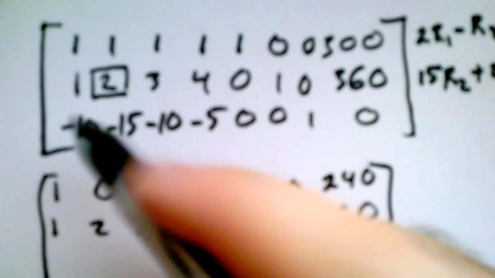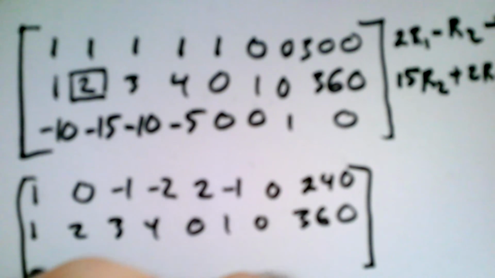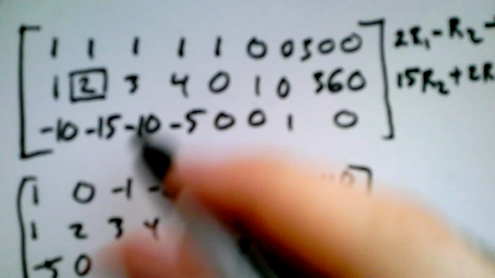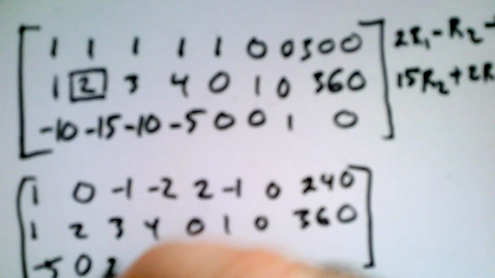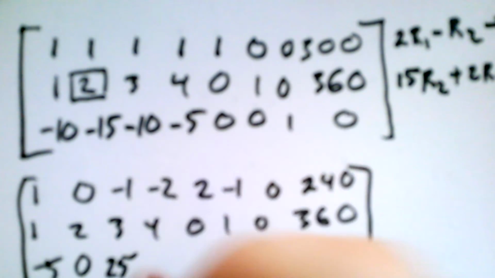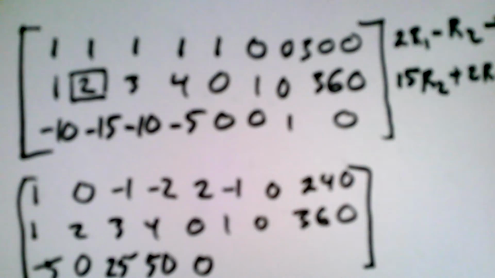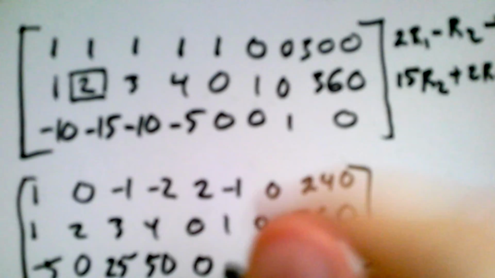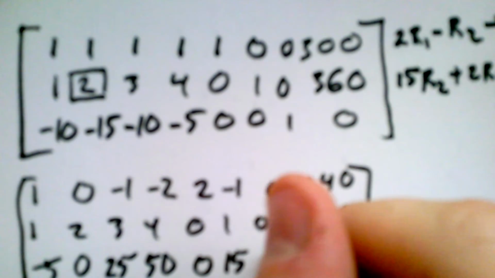So 15 minus 20 is going to be -5. 30 minus 30 is 0. 45 minus 20 is 25. 60 minus 10 is 50. 0 minus 0 is 0. 15 plus 0 is 15. 0 plus 2 is 2.